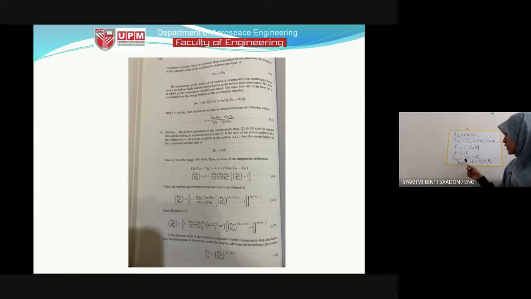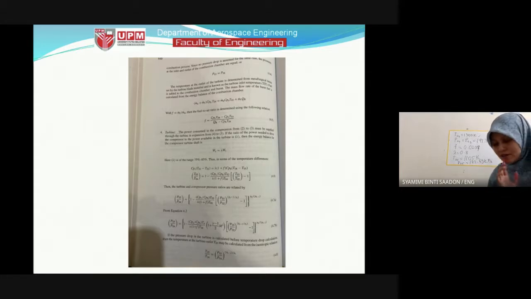T5 is 1105 Kelvin, and PO5, using the isentropic ideal gas equation, is 182.63 kilopascal. And then 0.6 is the same, no afterburner, so 0.6 is the same as 0.5.